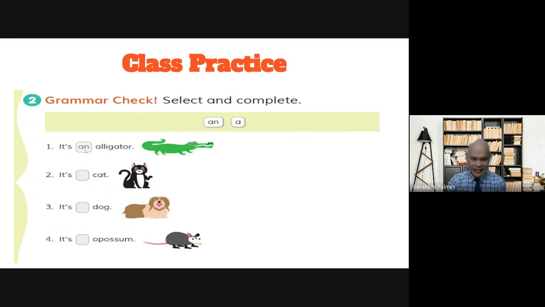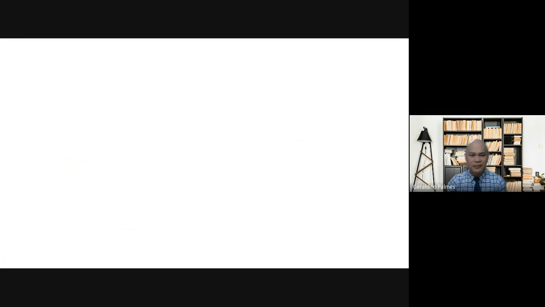It's an alligator, because alligator starts with the letter A, so we use an. Number 2, what is it? It's a cat. What about number 3? It's a dog. So you can see the common thing: C is a consonant, D is a consonant, A in number 1 is a vowel. And here, can anybody guess? It's an opossum.